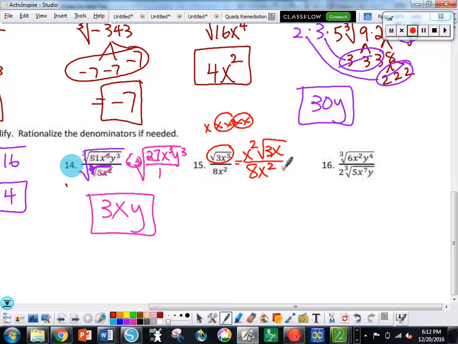Once you break things up, these are all connected by a multiply. So it is fair game to start canceling them off. You aren't killing any math teacher by doing that. All math teachers survived this problem. So my final answer, those cancel, is the square root of 3x all over 8.